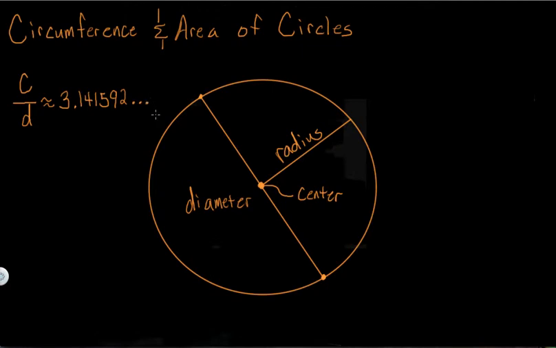This is an irrational number because there are no two integers that we can divide to give us this number exactly. It is a non-terminating decimal that never repeats. It doesn't have any kind of pattern. It just goes on forever and ever and ever.